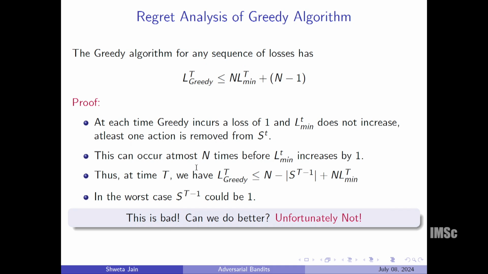Now coming back to the earlier question, the greedy algorithm is a deterministic algorithm. So the next theorem says that no matter what deterministic algorithm you take, the regret will be at least this much. Simple. If you prove that any deterministic algorithm will incur a regret of at least this much, then you are done.